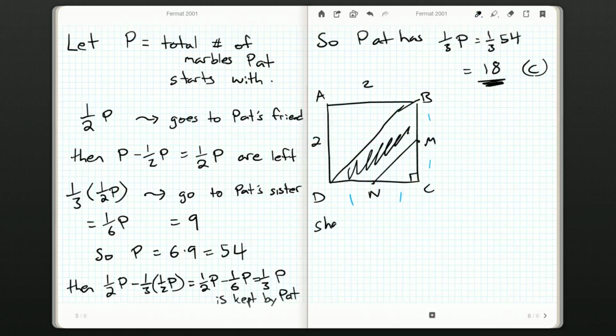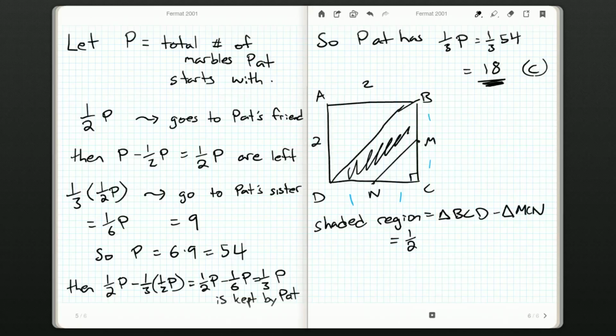So the shaded region, as I already remarked, is the big triangle BCD minus the smaller triangle, the one that we're not including in our shaded area, and that's MCN. Now, since they're both right angle triangles, we use the base times height formula, or 1/2 base times height.